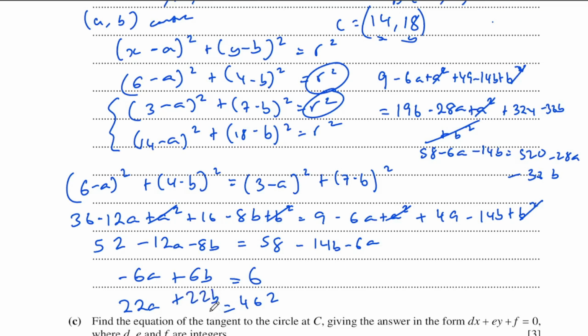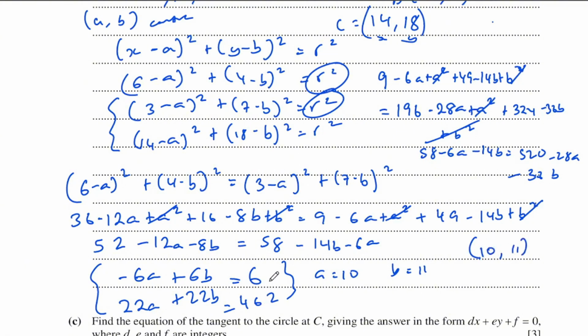Okay, and we get this right here, two simultaneous equations, and we can solve this. Let's just do that. Negative 6, 6, 6, 22, 22, 462, and we get a to be 10 and b to be 11, and so our center is 10, 11.